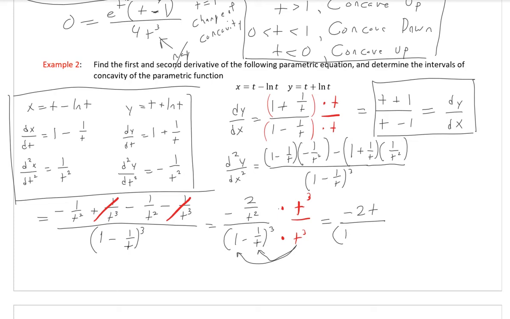And what I get is t minus 1 quantity cubed. And that's going to be my second derivative. Okay. So that's overall that. Again, if you want to roll the other way around and find the derivative of this, and then divide that by 1 over t again, you can. It's up to you.